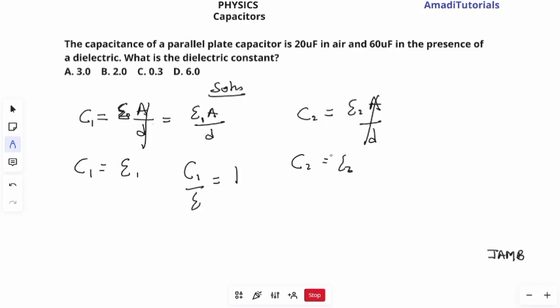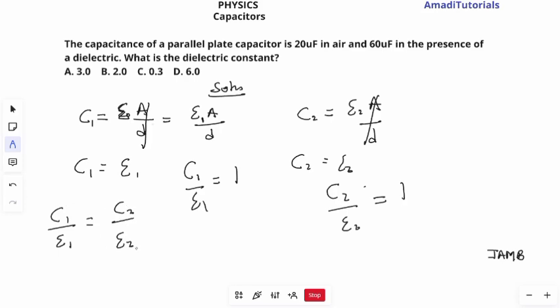And from here too, C2 over epsilon 2 will still give you 1. So since both equal 1, if you equate them, you have C1 over epsilon 1 equals C2 over epsilon 2.